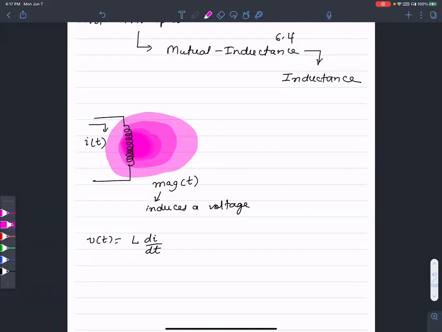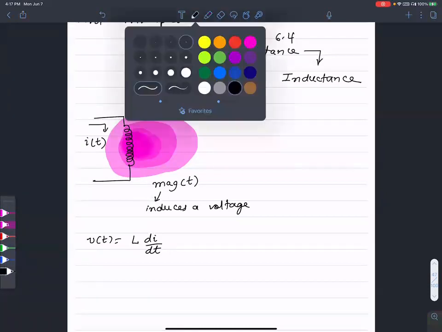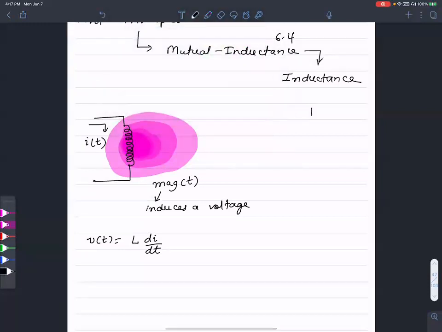Now if you do it with a very similar inductor somewhere else, there's another current I2. Let's call this I1 of t, and there is an inductor L2, whereas this one is L1.